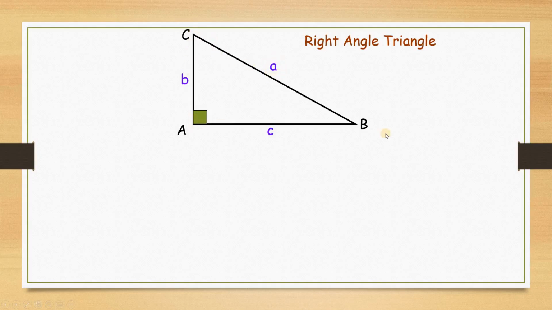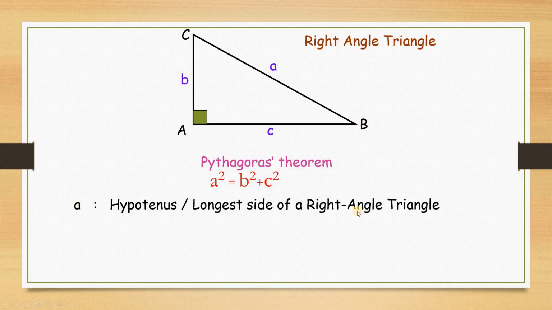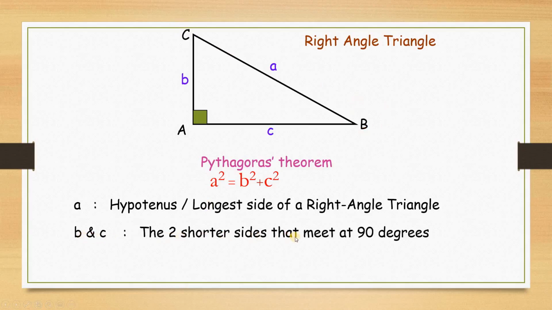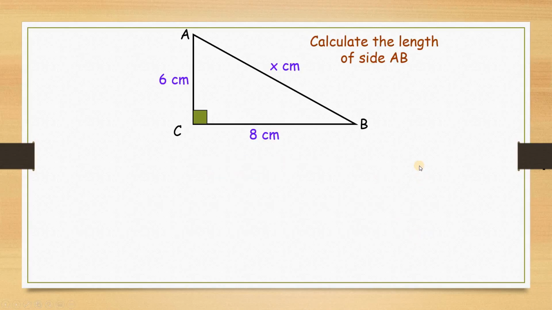And this side is B and this side is C. So the Pythagoras theorem, as we have already looked at: a squared, if you square the length of this side, equals squaring the length of this side plus the square of this side. So the hypotenuse is A, the longest side. B and C are the two shorter sides that meet at 90 degrees.